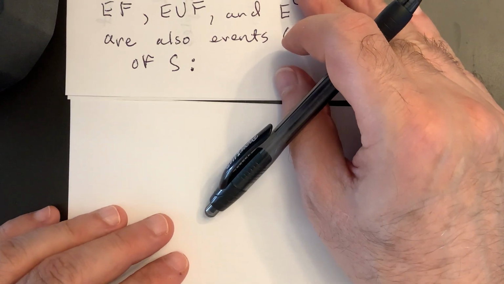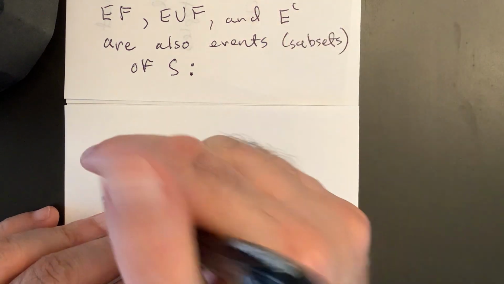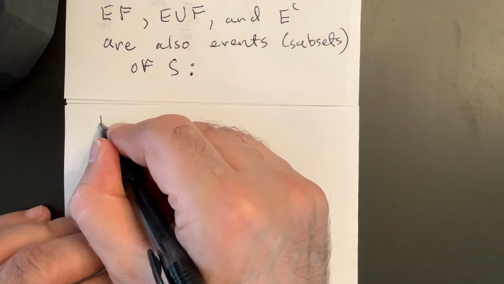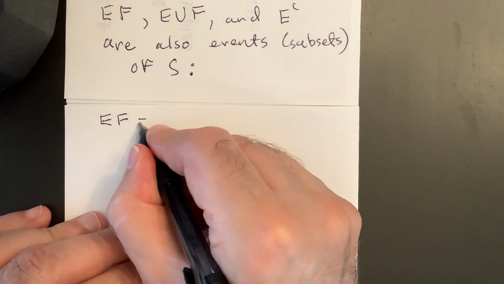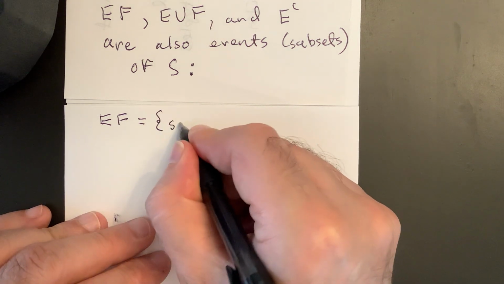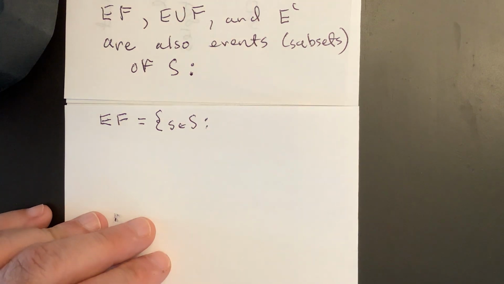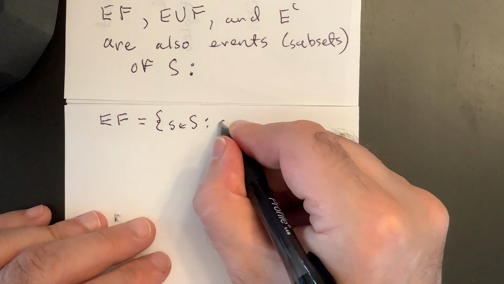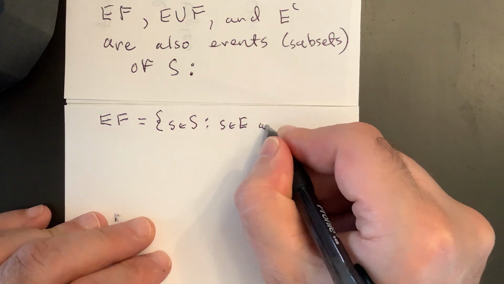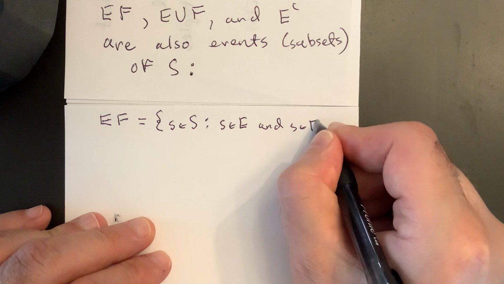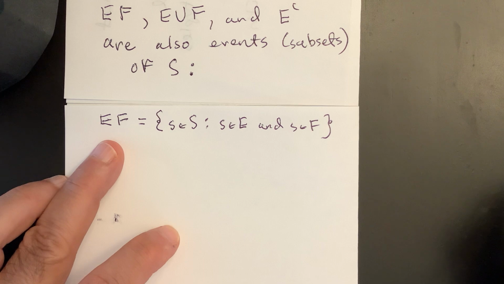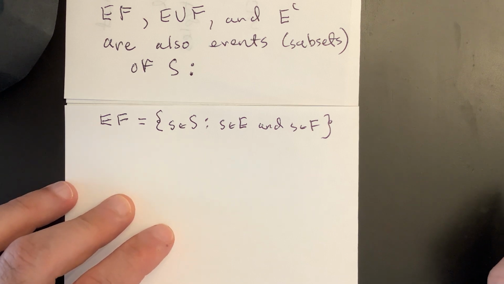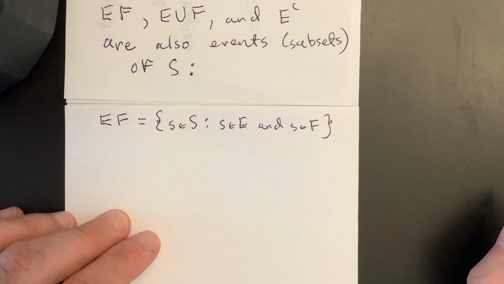So let's define them. So first of all, one, let's say EF is defined to be as follows. EF is equal to the set of s in S such that s is in E and s is in F. All right, this is called the intersection, and sometimes it's written E cap F with the upside down U, but usually it's written this way, just like multiplication, so EF.